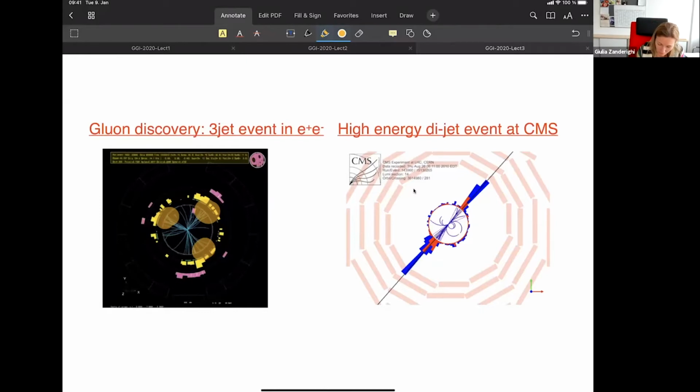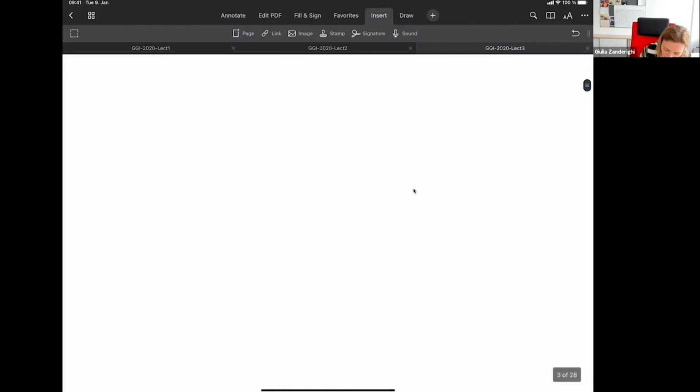Now, one of the reasons that makes jets useful is the fact that you can calculate them. And as I told you, this is related to the property of infrared safety. Yesterday I did not write down a definition of what is really infrared safe, so let me write it today.